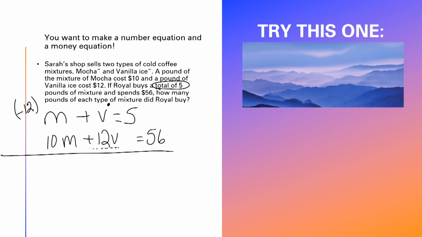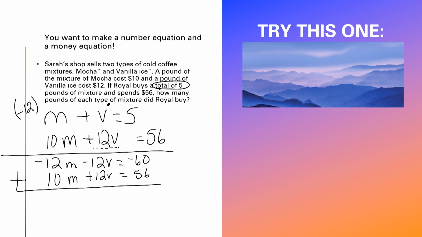So let's see, negative 12m minus 12v equals negative 60. Then I'm going to bring my bottom equation down, and I am adding everything in this equation.